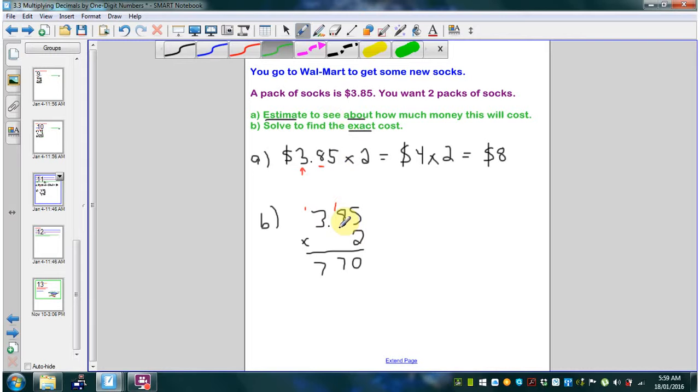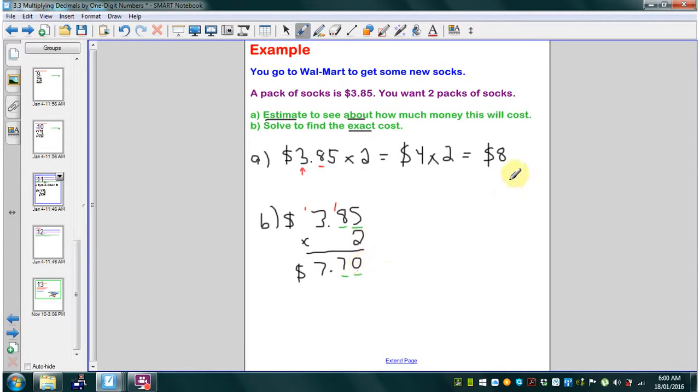Look at how many numbers are behind our decimal. 2, so we need 2 down here. So our decimal goes right here. Now this is talking about dollars, so we add our dollar sign, and our answer has a dollar sign. So a pack of socks for $3.85, and you want 2 of them, costs exactly $7.70.